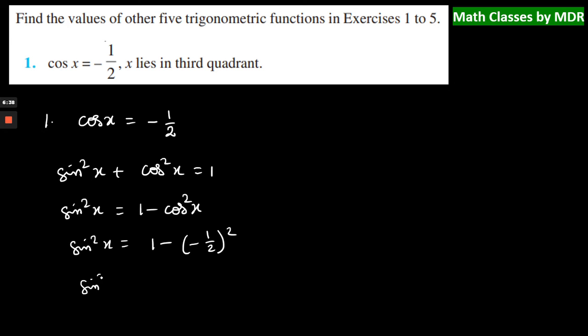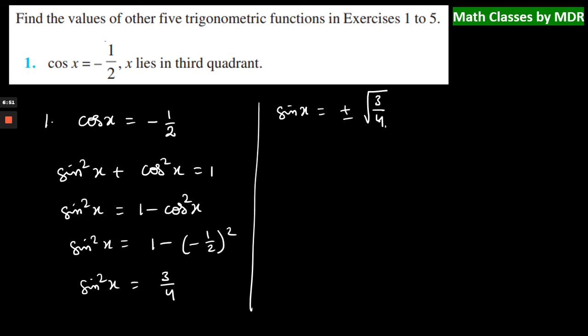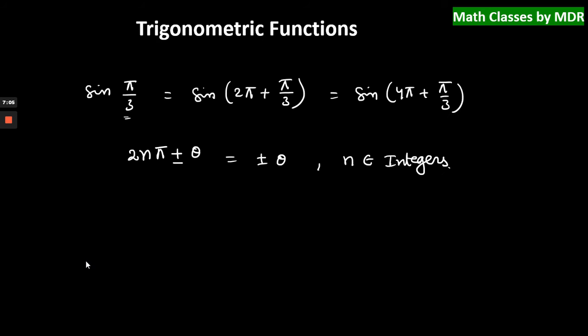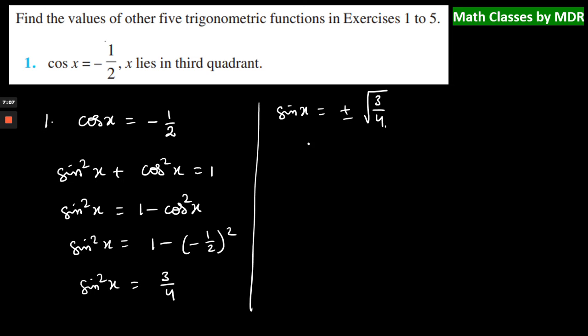So sine square x is 3 by 4, and further it can be written as sine x is plus or minus root 3 by 2. As x lies in the third quadrant, sine x is negative. That is what we have seen: in the third quadrant, tan is the only trigonometric function positive and its reciprocal is positive. So sine is negative.